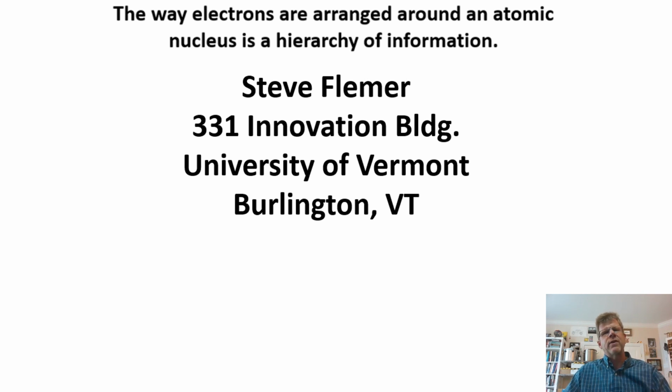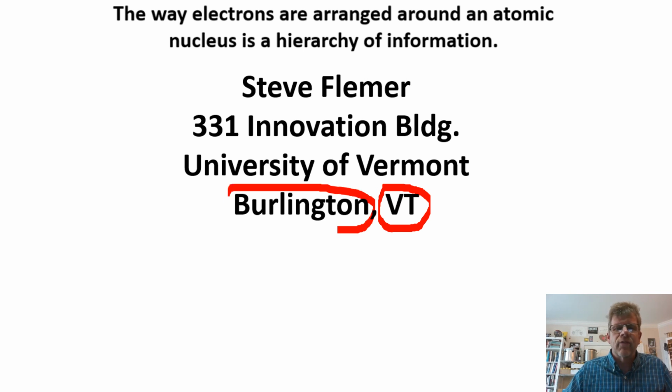So if you asked yourself, where is Steve Flemmer right now? You could say, all right, well, he is in the state of Vermont. Technically true, but that's a pretty wide swath here. The state of Vermont is rather large, so we can say, all right, so you want us to be a little more complex, a little more focused. He's in Burlington, Vermont right now.